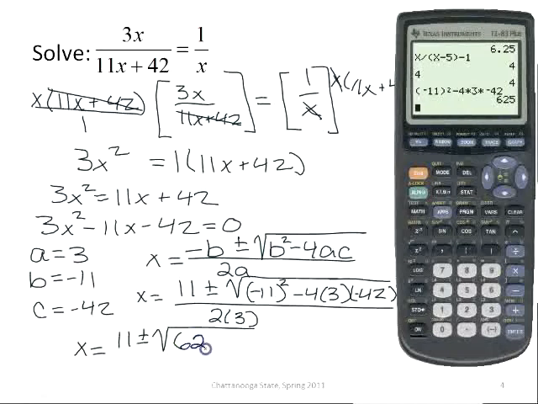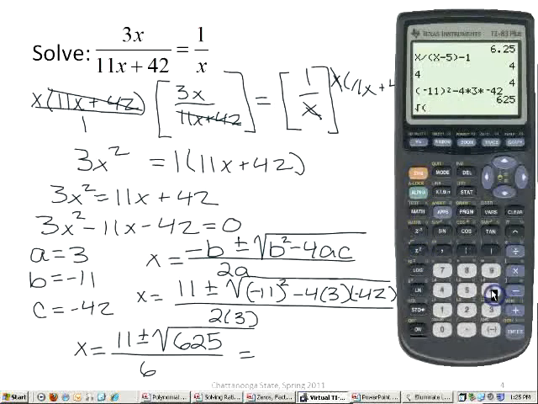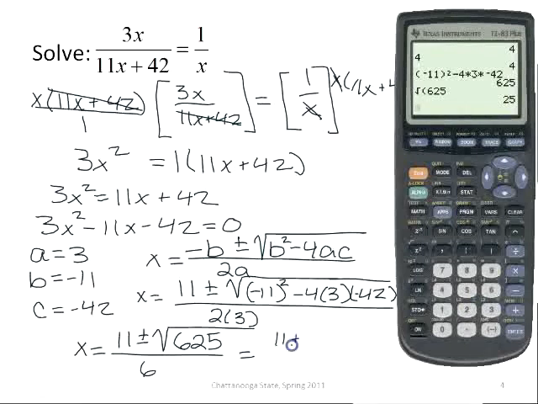Gives me 625. But what I recognize here is that 625 is a perfect square. So I could have done this problem by factoring. 11 plus or minus 25 over 6.